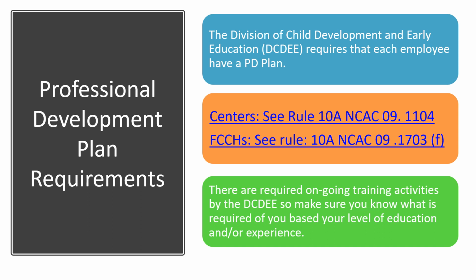It needs to contain your PD goals, be appropriate for the ages of children you serve, include any continuing education, coursework, or training needed to complete your goals, and be kept in your personnel file. It needs to be completed with the program operator and the staff member in a collaborative manner.